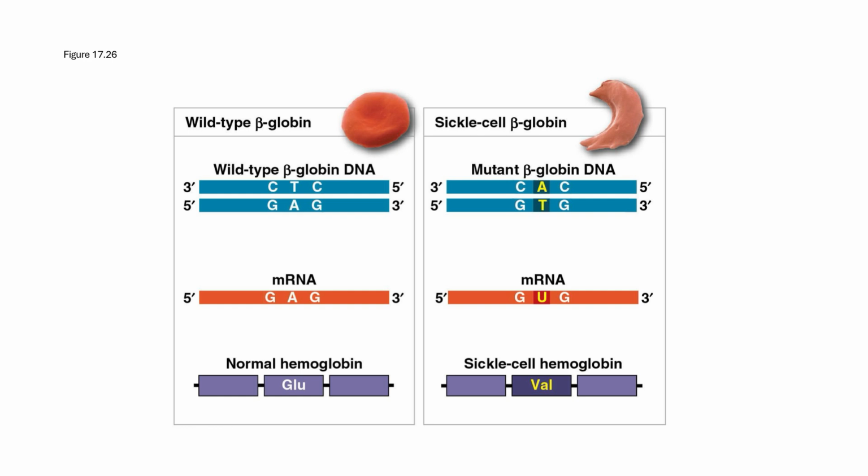What's going to happen is what normally would happen, being read off the template strand, we would have an A on the mRNA here being a GAG in this codon. However, because of this change that happens in this mutation, we now have a uracil in the middle, making it GUG, and this is going to change the amino acid.